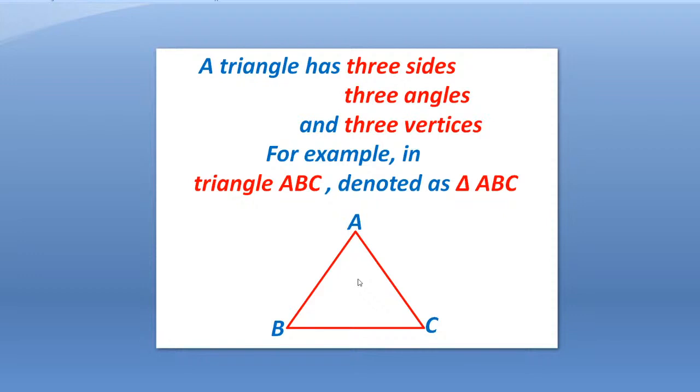For example, in triangle ABC, which is denoted by the symbol triangle ABC, see the figure of triangle ABC.